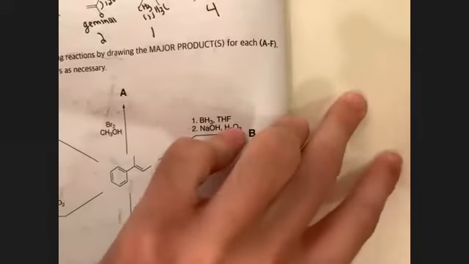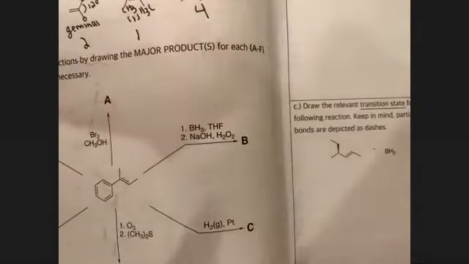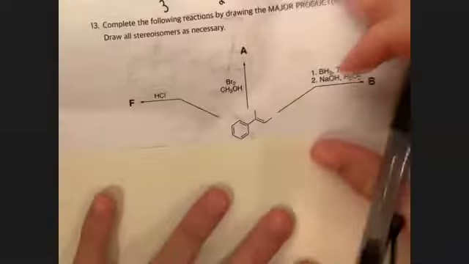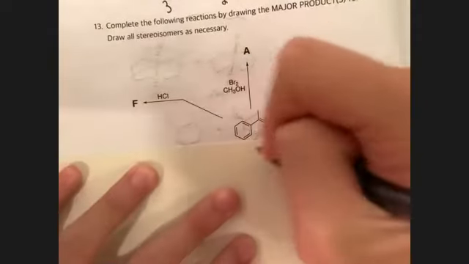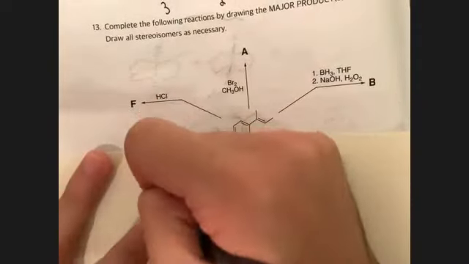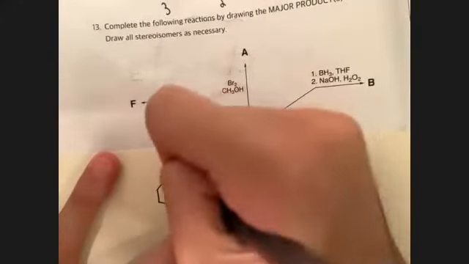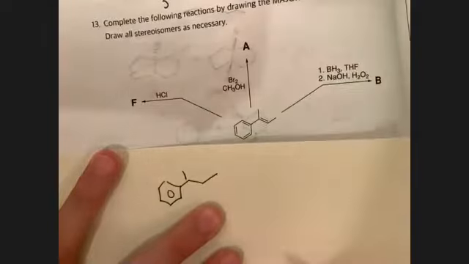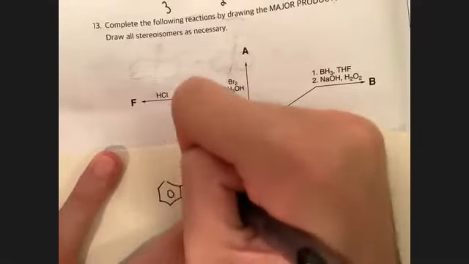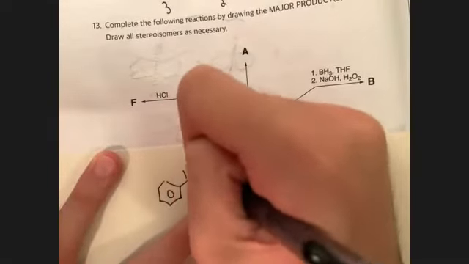So I'm going to draw this guy over here. Okay, we have the skeleton framework, and you know that bromine is probably going to form some sort of bridged intermediate, nothing new.